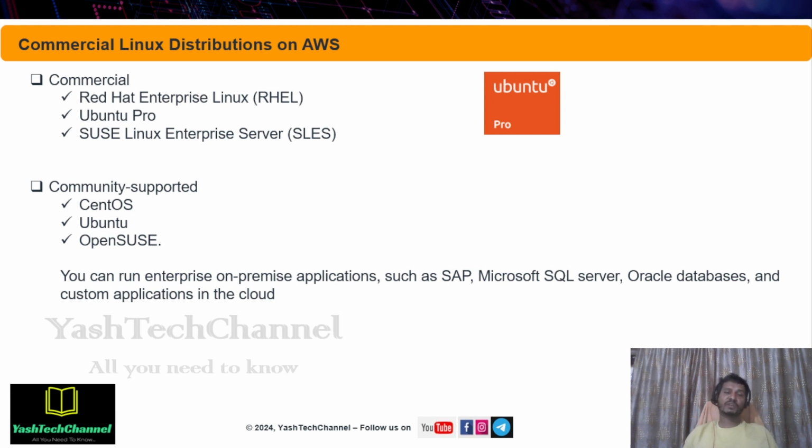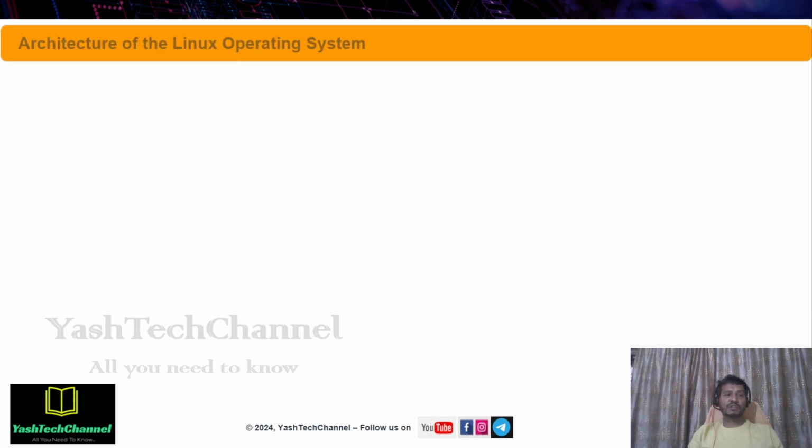But as far as I have seen in my 10 years of experience, 90% are Red Hat Linux, maybe 10% on different OS categories like Ubuntu. So that's all about commercial versions, right?